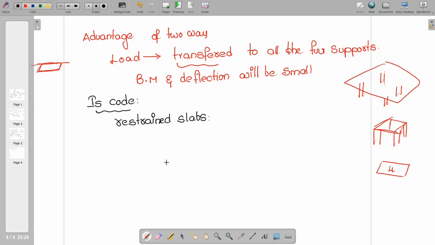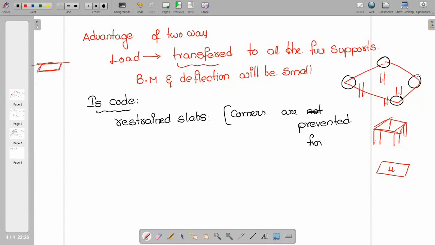In case of restrained slabs, the corners are prevented from lifting, which means they are not allowed to move. These corners are prevented from lifting, which means indirectly no torsion.